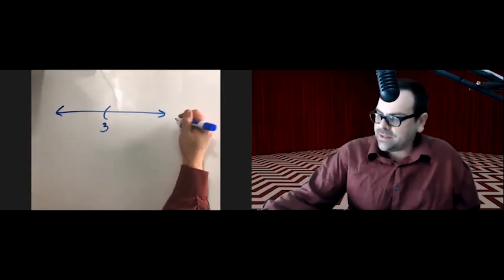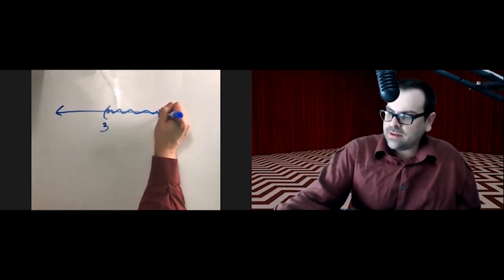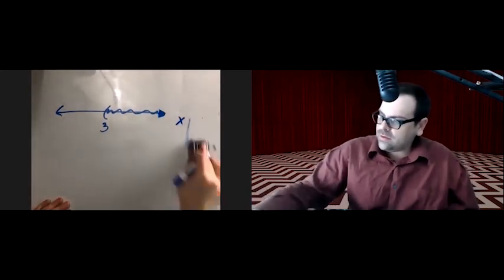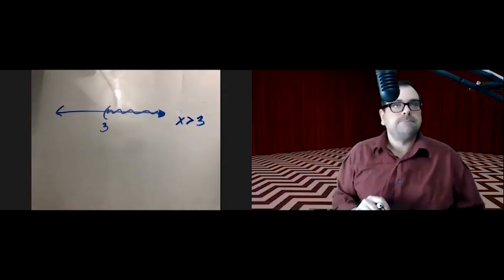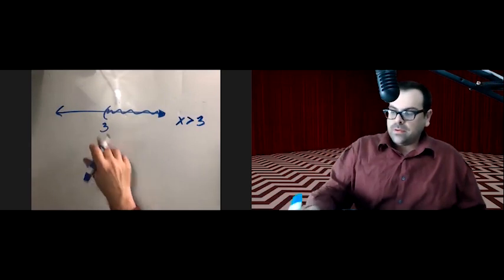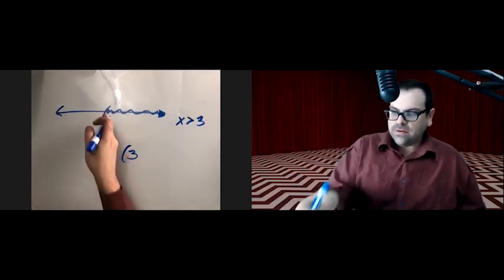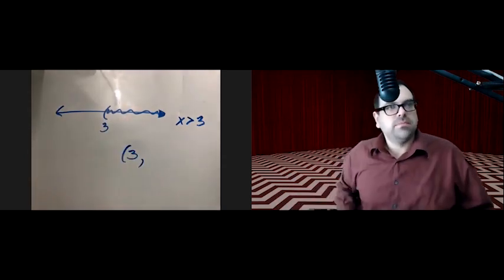This is x is greater than 3. I can see the first endpoint is a 3 because it's an opening parenthesis.